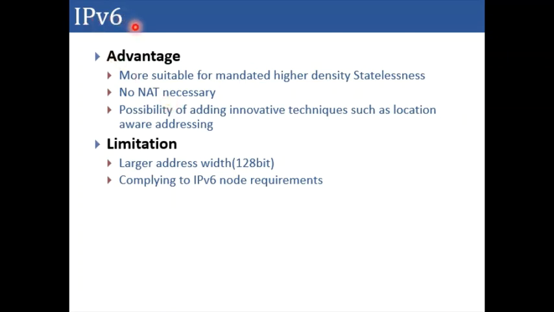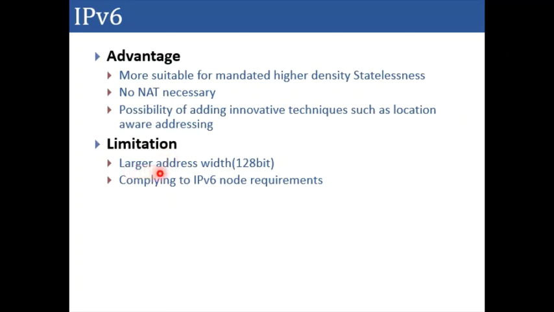When we have IPv6 enabled, the number of IP addresses will be very large and we will not need network address translation. We can also have the possibility of adding innovative techniques such as location-aware addressing when we use IPv6. What are the limitations of IPv6?